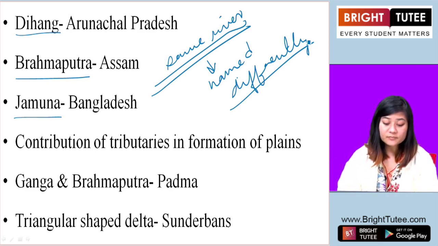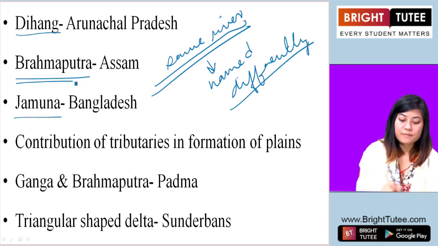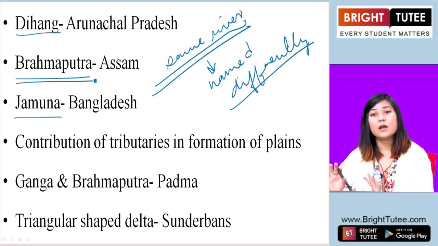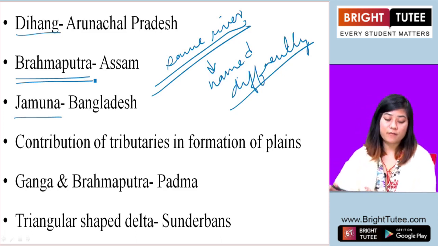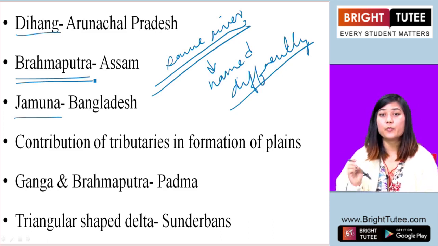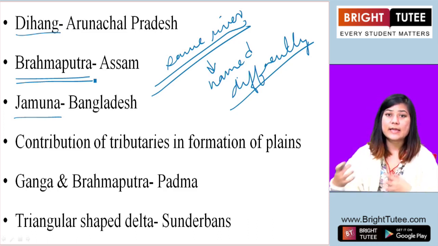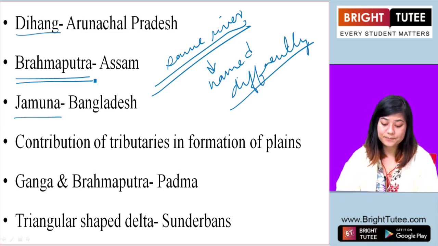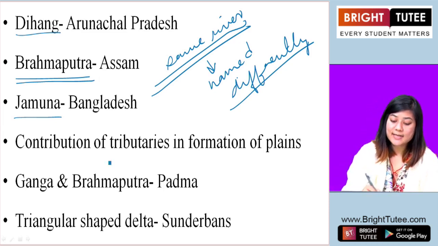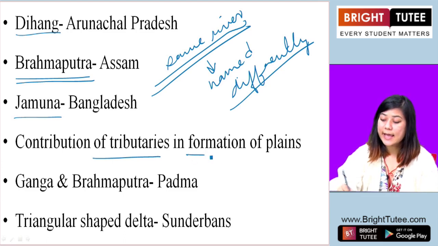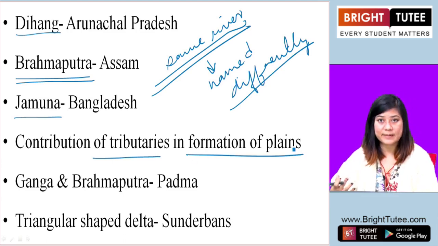Now this river Brahmaputra is an important river in the far eastern part of our country. And it is also an important river which plays an important role in the formation of the Great North Indian Plains. Now this river has many tributaries. So along with the tributaries, it helps in the formation of plains.